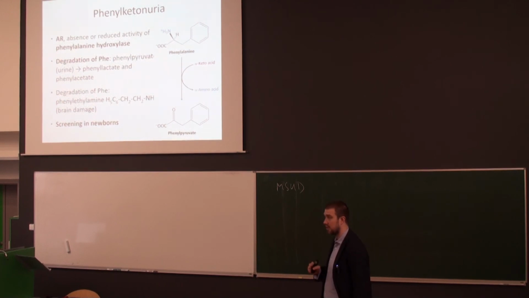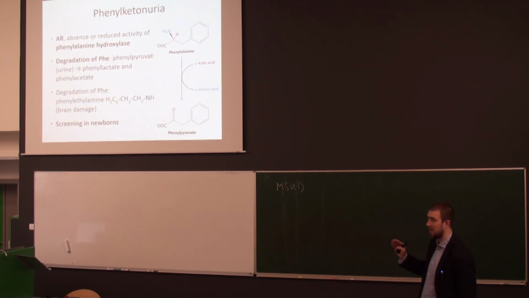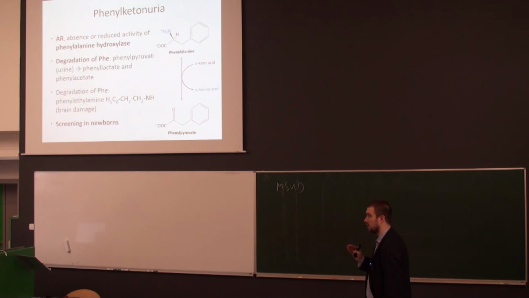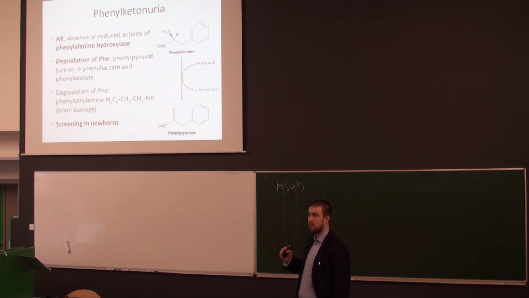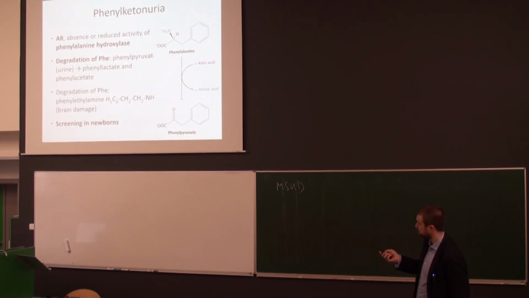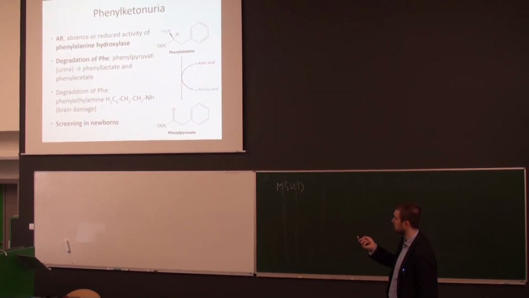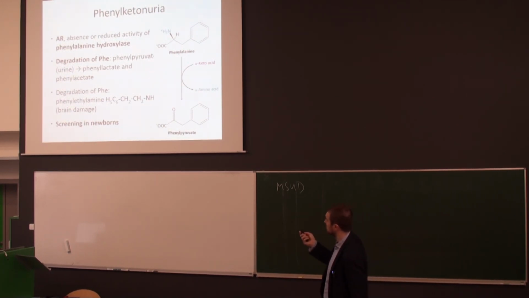Phenylketonuria is screened in all our newborns, and the reason is that if you have a defective enzyme, phenylalanine cannot be converted to tyrosine, and it will look for alternative pathways to be metabolized. One pathway is the production of phenylpyruvate from phenylalanine. The reaction is a transamination, and you simply convert this amino acid to an alpha keto acid, and therefore here you have the keto group.